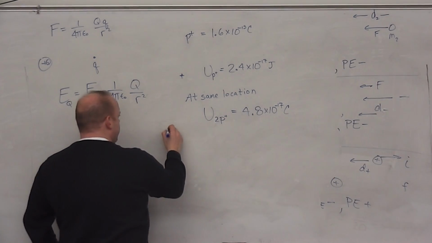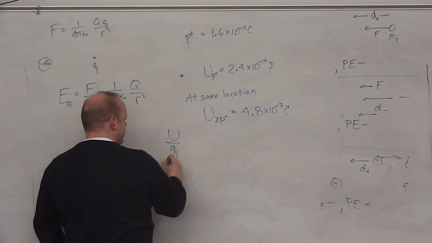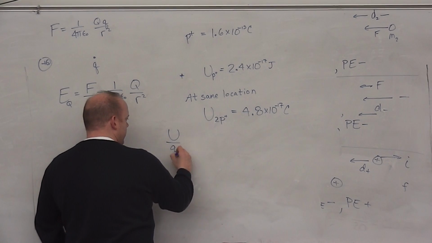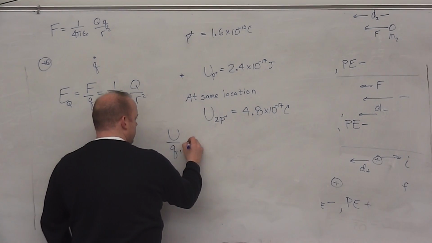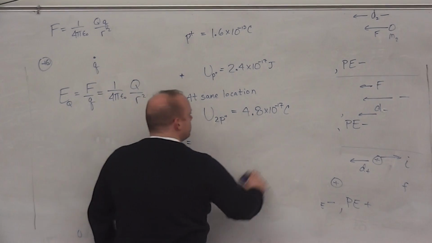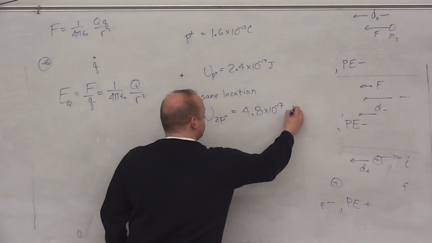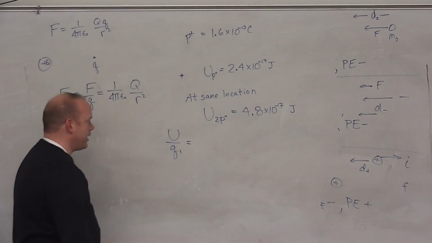Let's take a look at that potential energy per unit charge for the one proton. Why do you go from joules to coulombs? Oh, sorry. Thank you. Joules, big time.